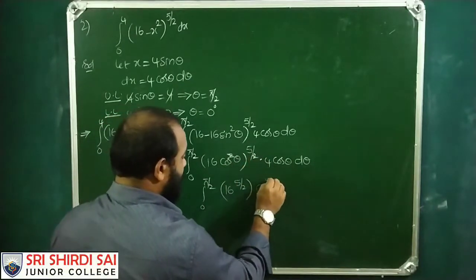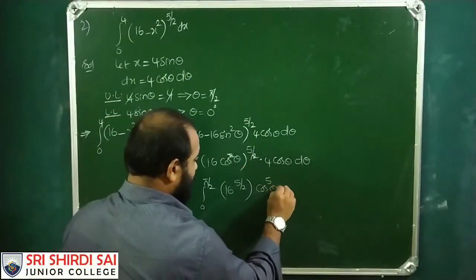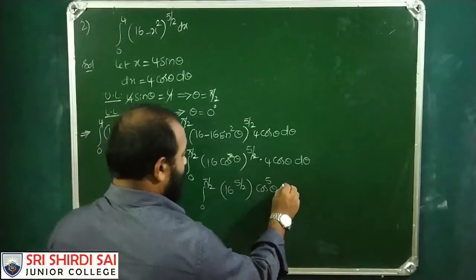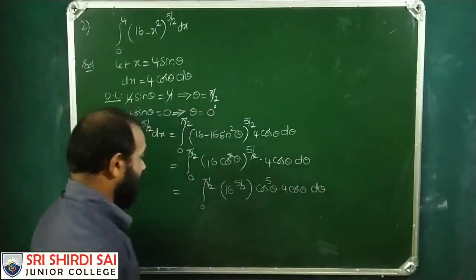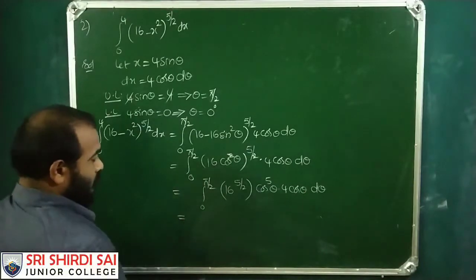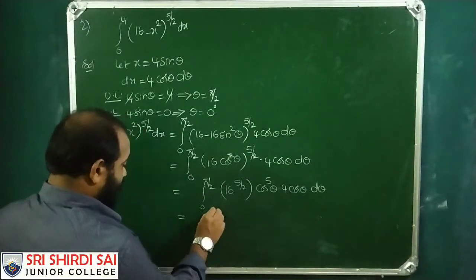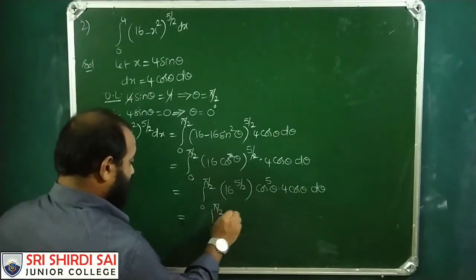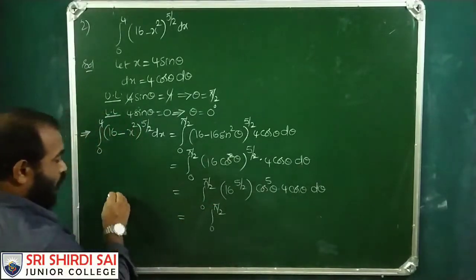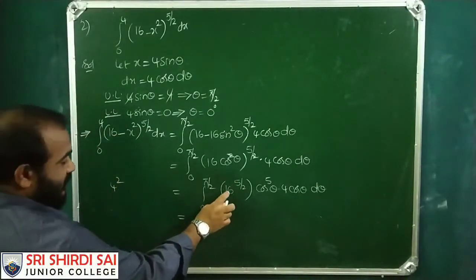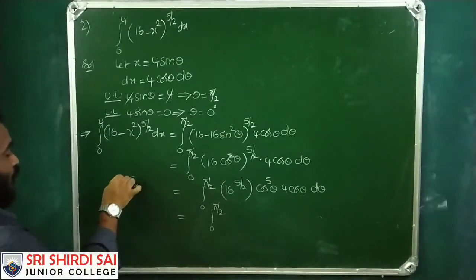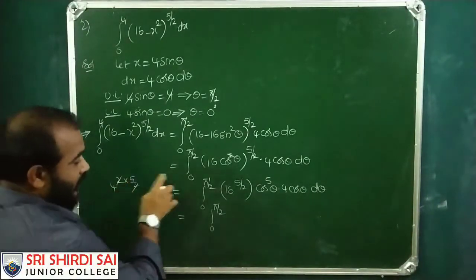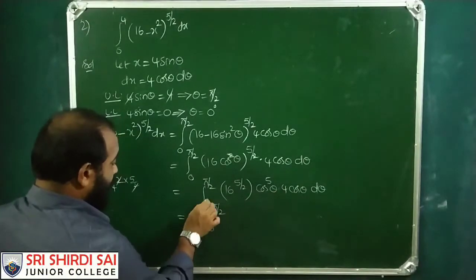The 2 gets cancelled, cos power 5 theta into 4 cos theta d theta. So this is equal to 0 to pi by 2, 16 is 4 square, 4 square whole power 5 by 2. The 2 gets cancelled, 4 power 5 into 4, totally 4 power 6.